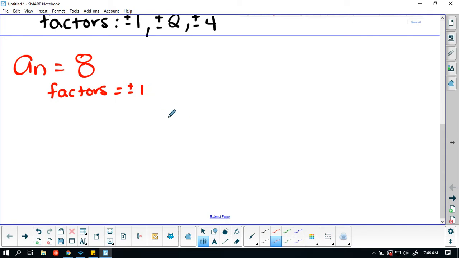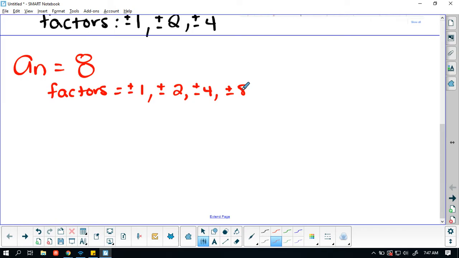Positive negative 1, positive negative 2, 2 goes into 8. 3 does not go into 8, but 4 does. 5 does not go into 8. 6 is not a divisor of 8 evenly. 7, and then 8. So there are my factors of 8.